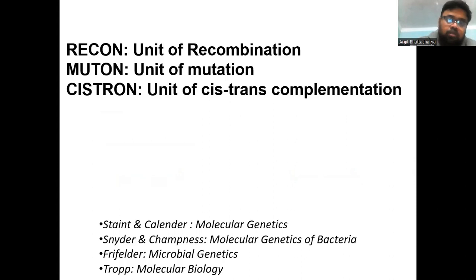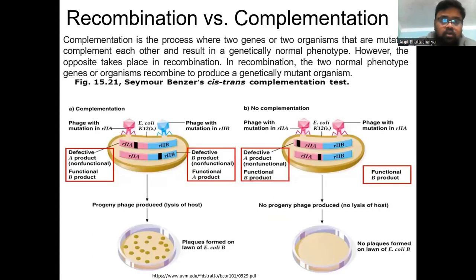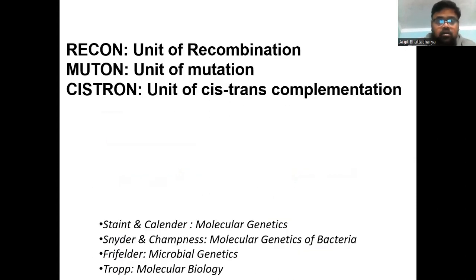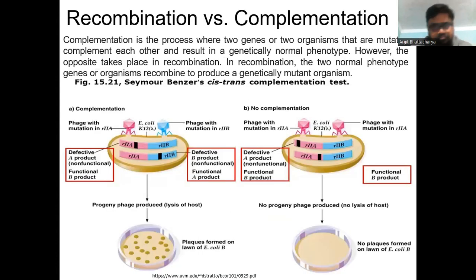Now remember, complementation is not really recombination. Here, the DNAs are not crossing over with each other. The DNAs are independently expressed. Both genomes are independently expressed, so there is no need for crossover. But phenotypically, it looks like recombination. But complementation actually is not recombination.